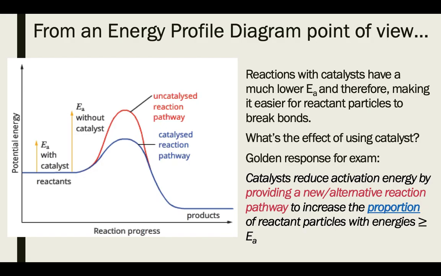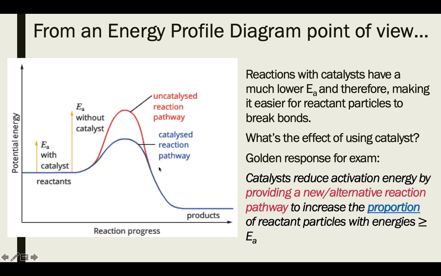So now let's look at it from an energy profile diagram point of view. How does it look when we add a catalyst to a reaction? Reactions with a catalyst have a much lower activation energy. Can you see that here? The old activation energy is that high, but once we add a catalyst, the activation energy is significantly lowered, therefore making it easier for reactants to actually break bonds.